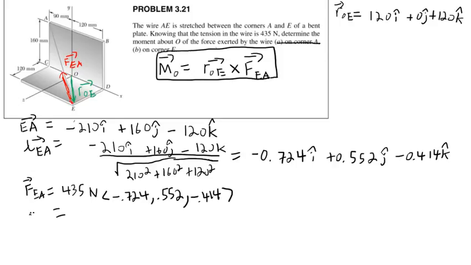And I get, hey, look at that, it's like it's a book problem or something. It comes out to an exact number. FEA equals negative 315 newtons I plus 240 newtons J minus 180 newtons K. Okay?